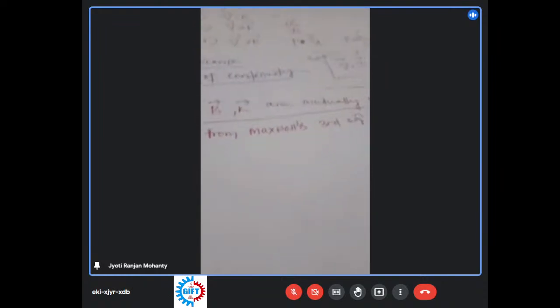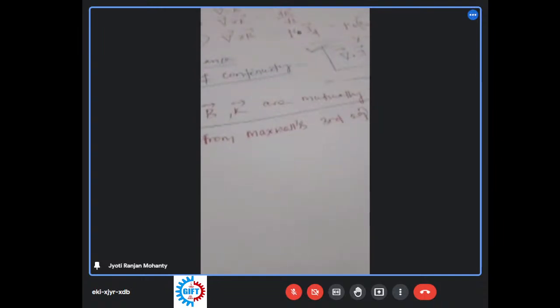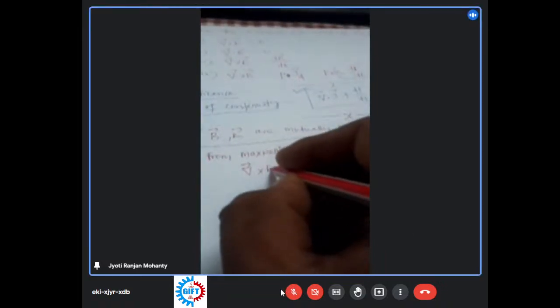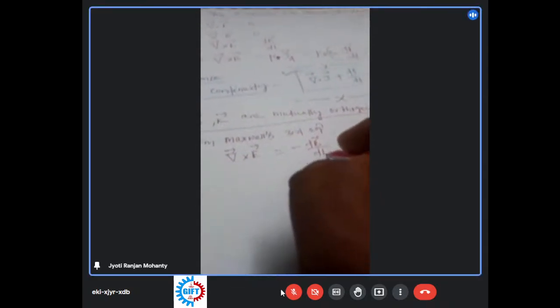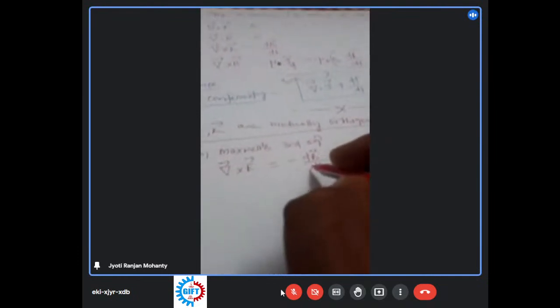Sir, del vector cross vector E is equal to minus derivative of B vector by dt, that is, minus dB by dt. Okay, yes. So this is the equation number.